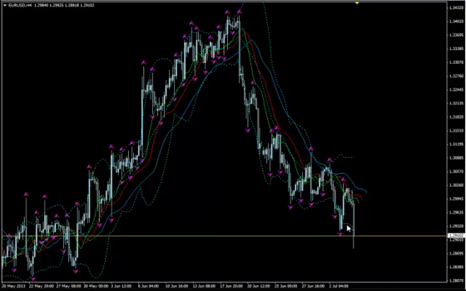So although we saw this move yesterday, expecting a bullish reversal because the pair was on a corrective move after this upward wave, we thought it would reverse, okay?